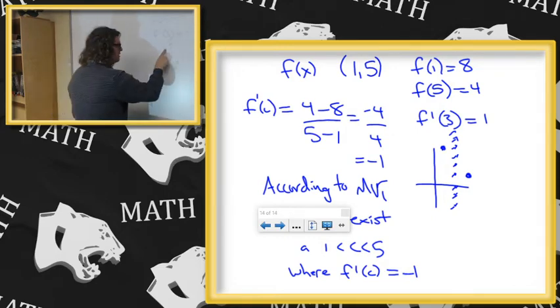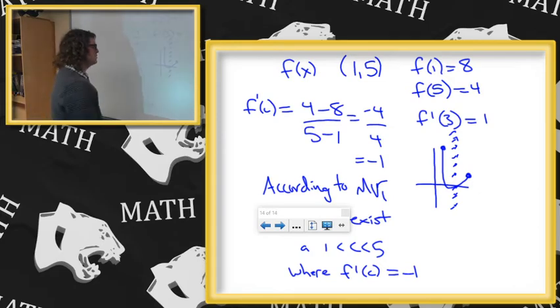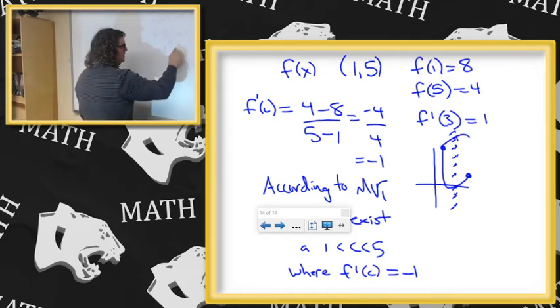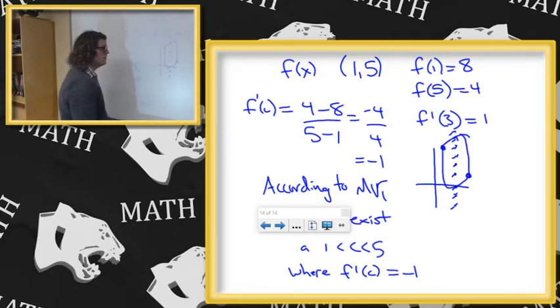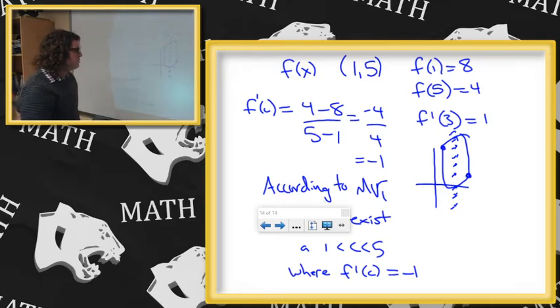I guess we could have gone down like this and gone like that, or you could go up like this and then kind of down. However, there has to be that slope of +1 somewhere in there.